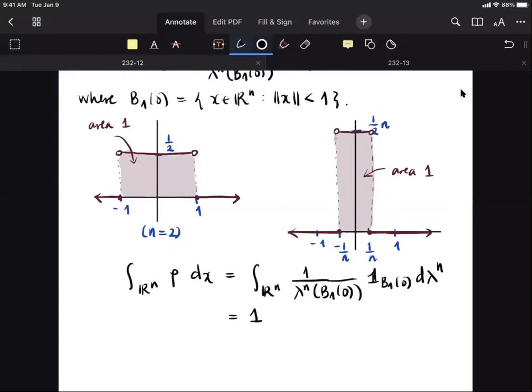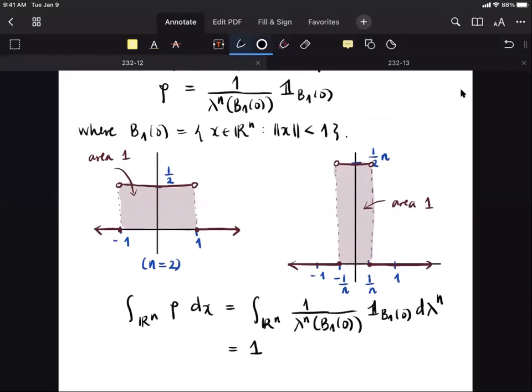Because you need to take the measure of this, and since you have the same denominator, the Lebesgue integral will be 1.